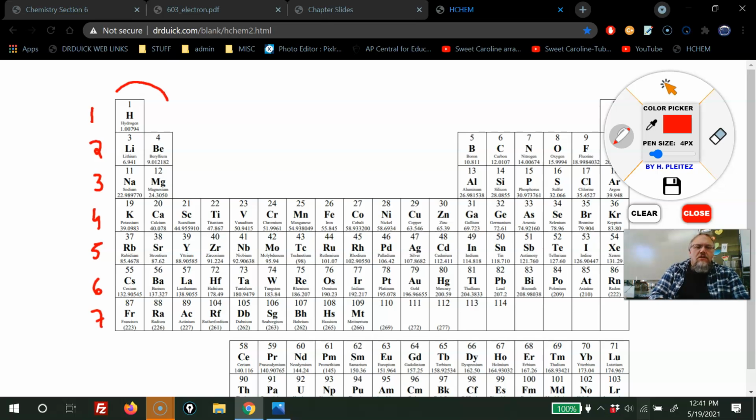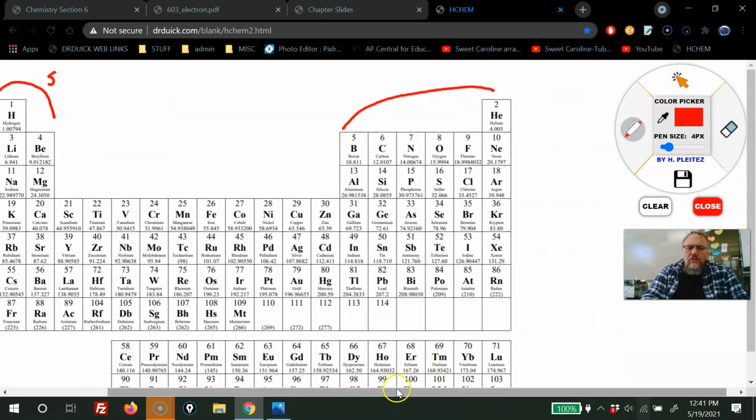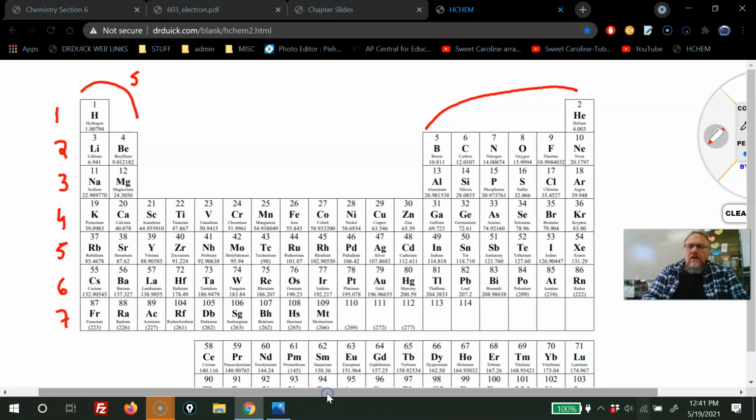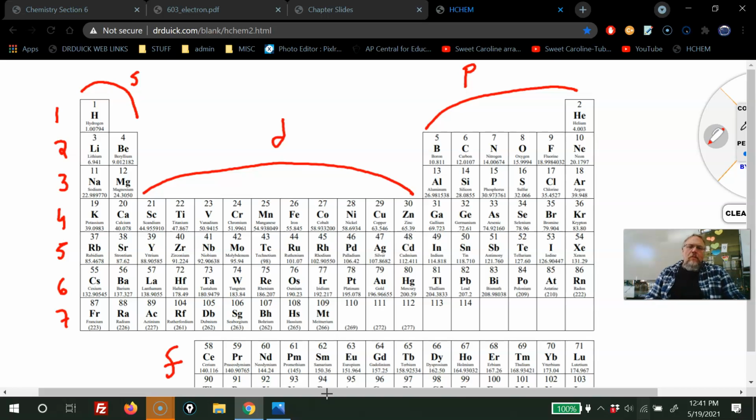This region here is S. This region from here to here is my P region. Over here is D. And this last one down at the bottom is my F.